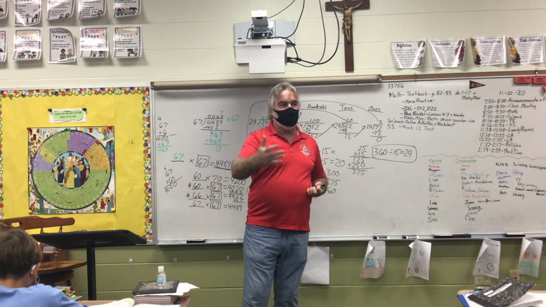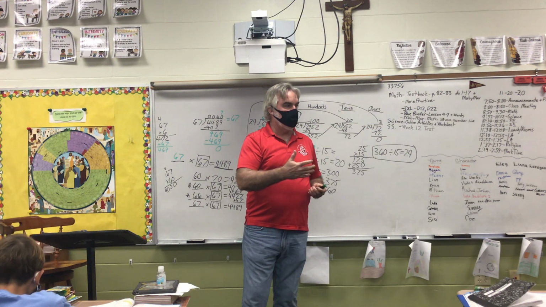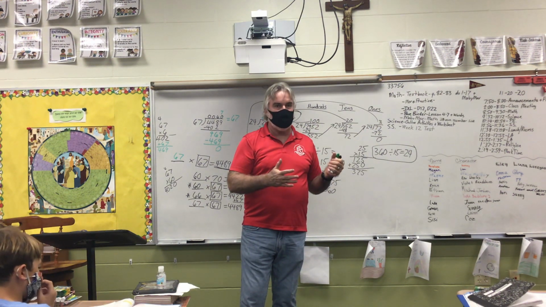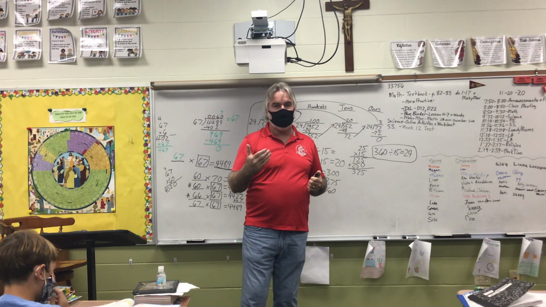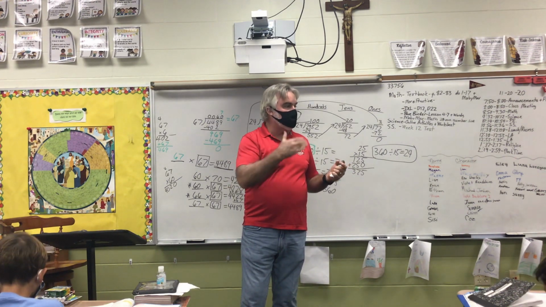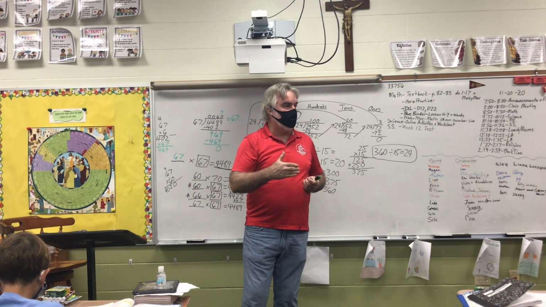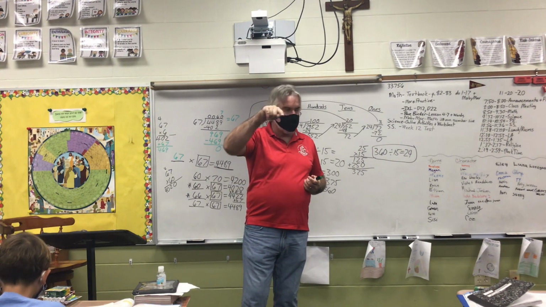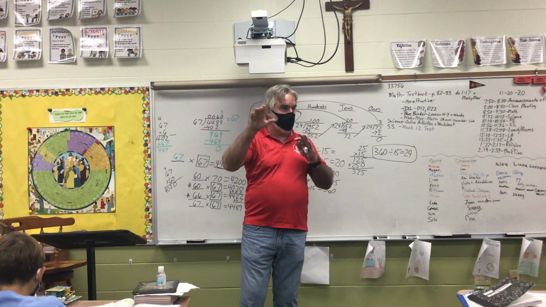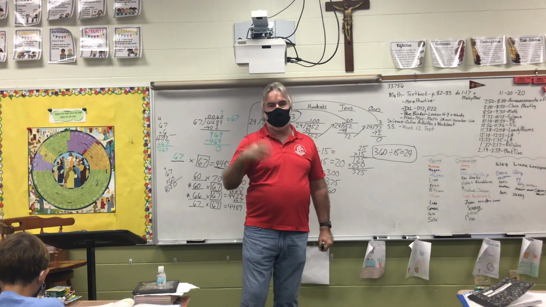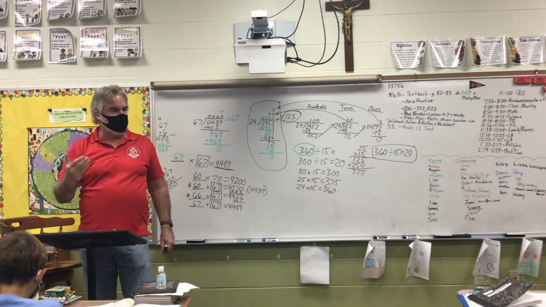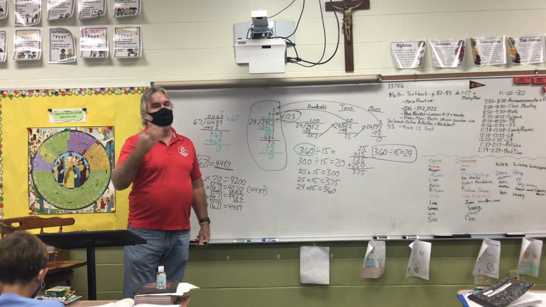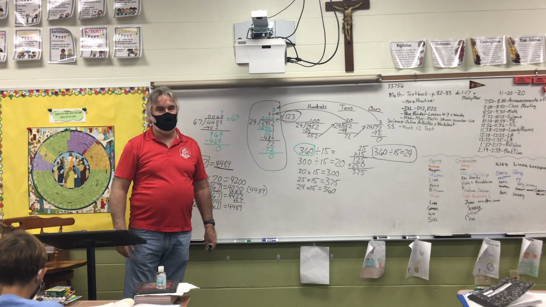If you are multiplying or dividing, whichever way, and you end up with a remainder, that's a hint that it's wrong. You did something wrong in there. So go back to the beginning, look at your work, make sure that you multiplied right, you subtracted right, and you're going to find somewhere in there that you made a mistake. Fix it, and then move on.